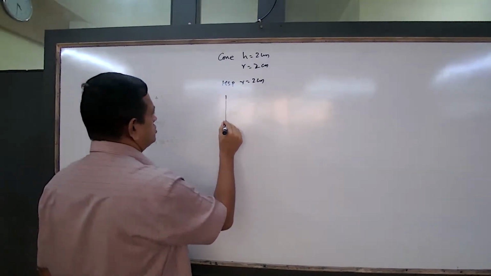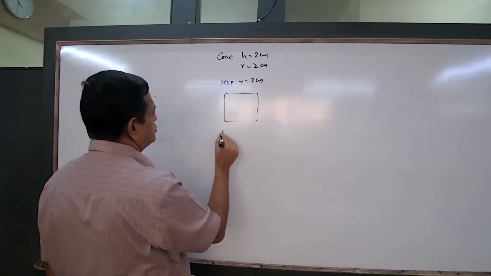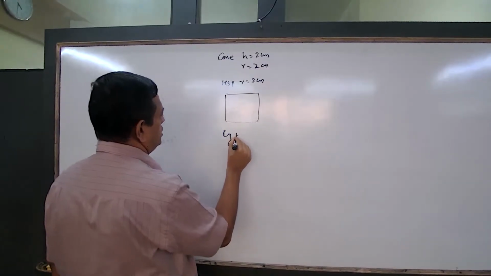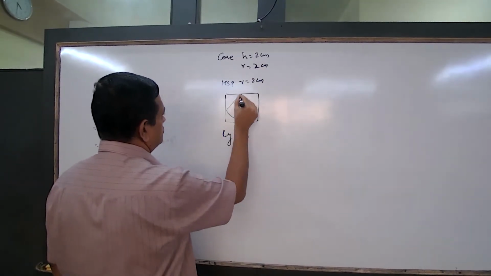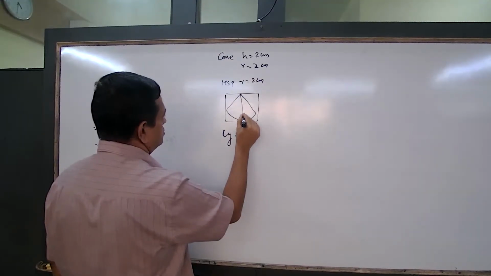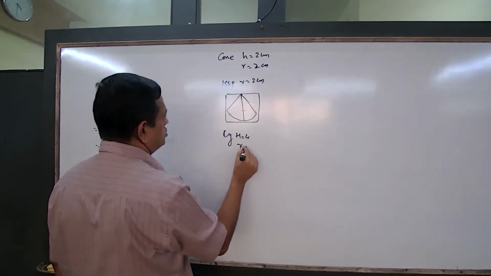So for the cylinder, the height is equal to 4. Isn't it? The height of the cone is 2 plus 2, 4 now. Yes or no? And radius equal to 2.